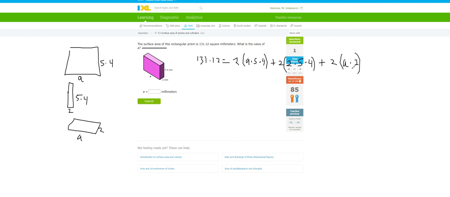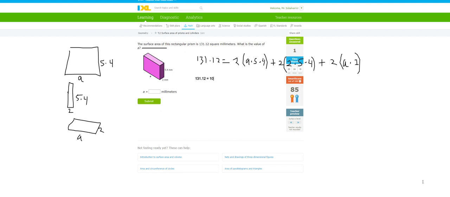This is the most challenging one that you're going to find. I'm going to go ahead and type it here, I guess typing it might be better. 131.12 is equal to, and if I multiply 2 times A, that's 2A. Let me take that back. If we do A times 5.4, that's 5.4A, so 5.4 times 2, that's 10.8.